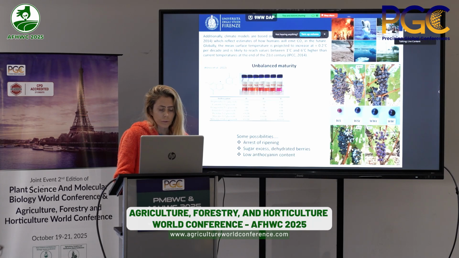The other possibility is no arrest of ripening, but a mismatch between the primary and the secondary metabolism, so an excess of sugar. This excess of sugar could create a problem during fermentation, with a high level of alcohol, and a problem in the enological part.